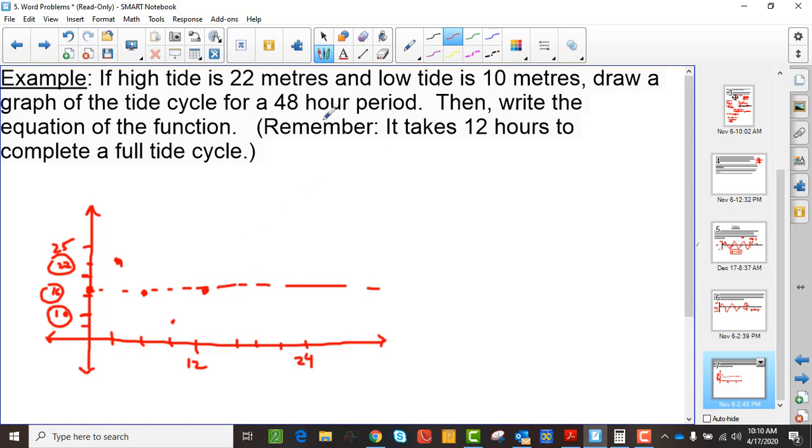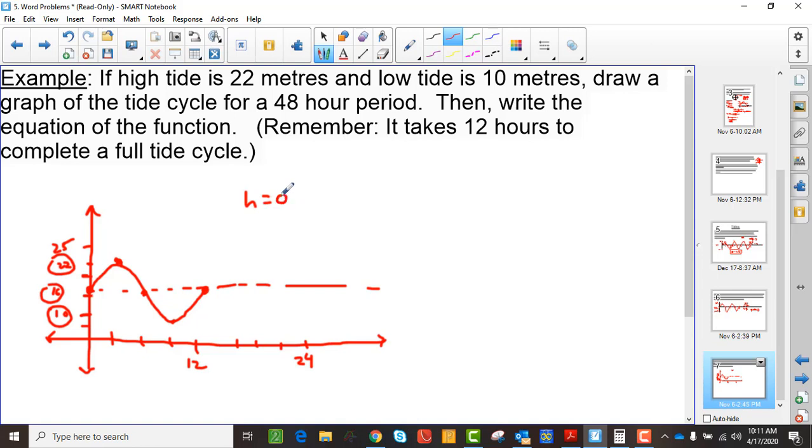Now it says to do it for 48 hours. So you would continue that, and I'm not going to, just for the sake of time, because this video is getting a little long. But you would just continue this same cycle, top, middle, bottom, middle, top, middle, bottom, middle, for 4 sets.